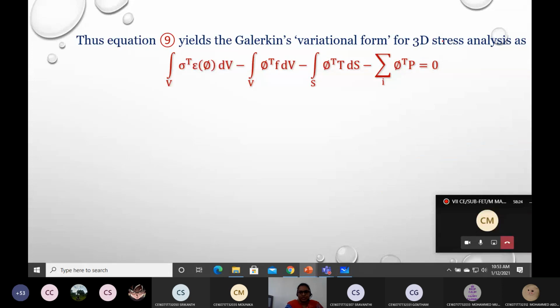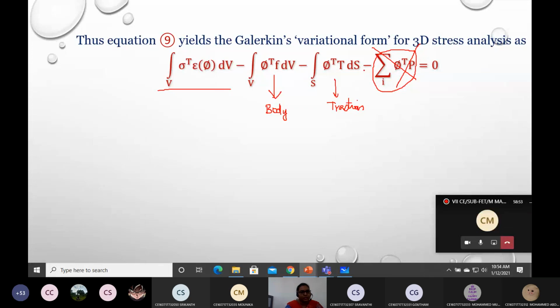If you see this, here we are not considering the point load. We are not giving any external point load. Without the external point load, what are we left with? We are left with the internal stresses, internal forces, and this is the body forces, and this is the surface traction forces.